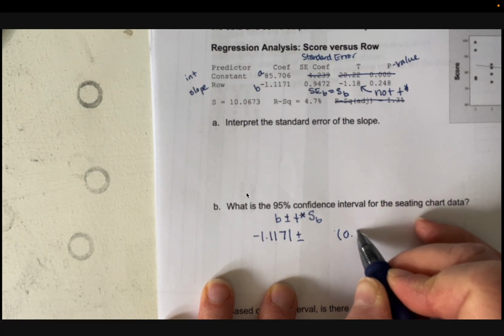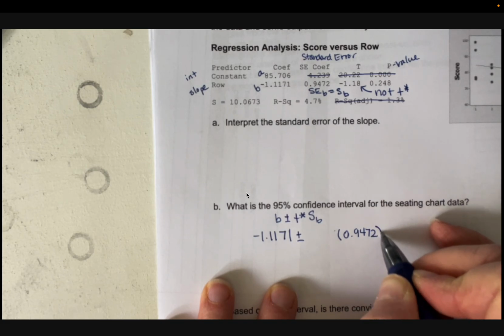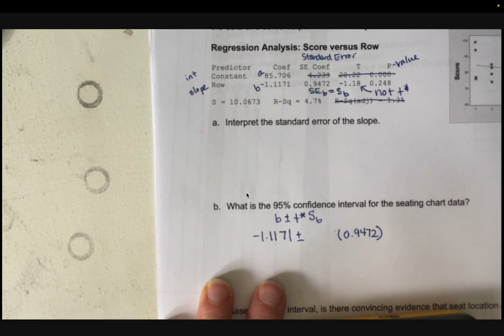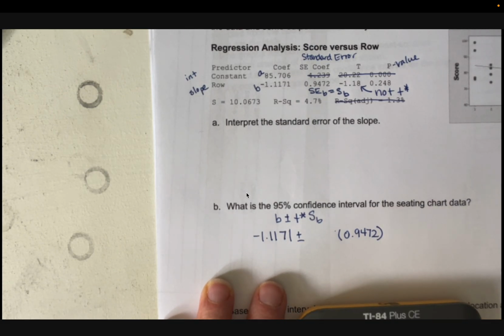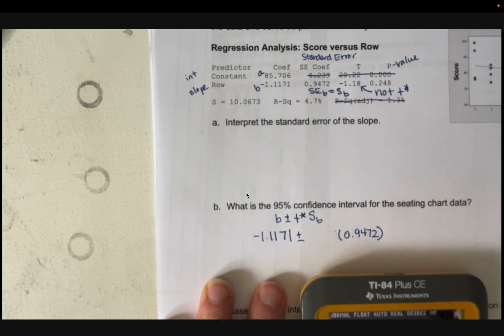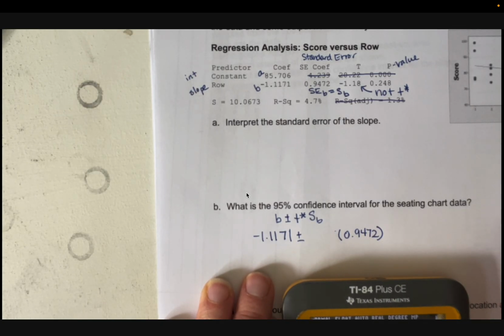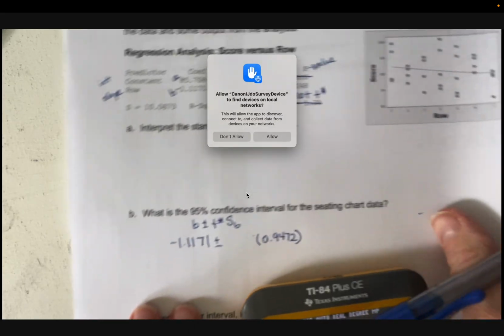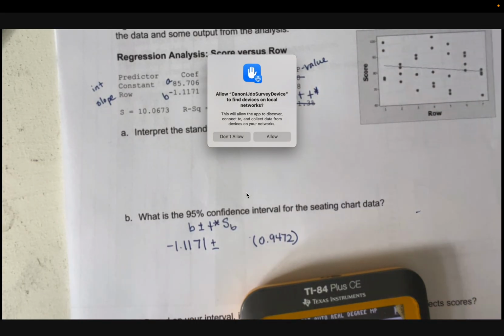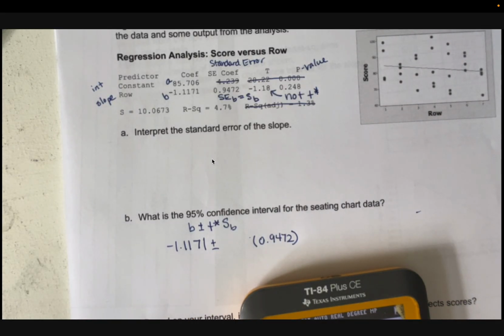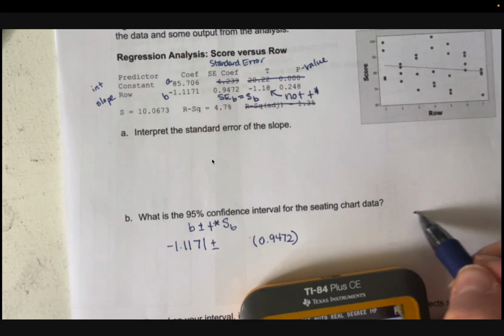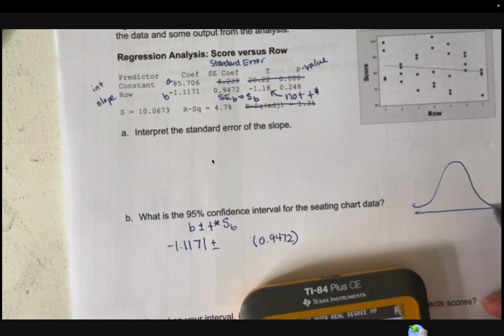This number, there's your SEB. Okay, so to get the T star, remember T star is always the area to the left.